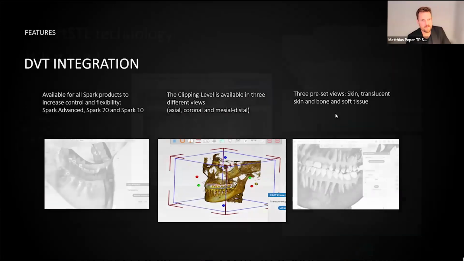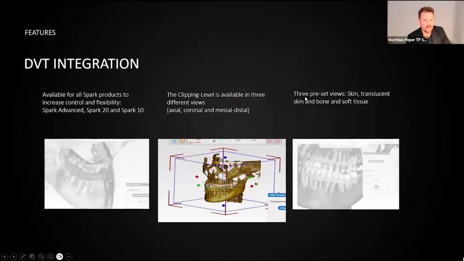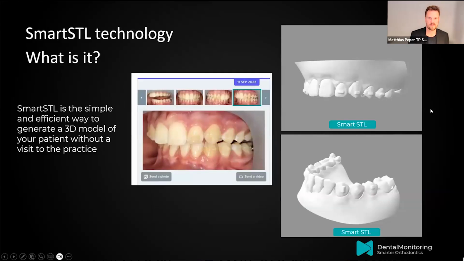And I have the 3 preset views: skin translucent, skin and bone, and the soft tissue. And this is very nice. And yeah, it's very nice for us as a treatment planner to work with the CBCT integration for Spark.